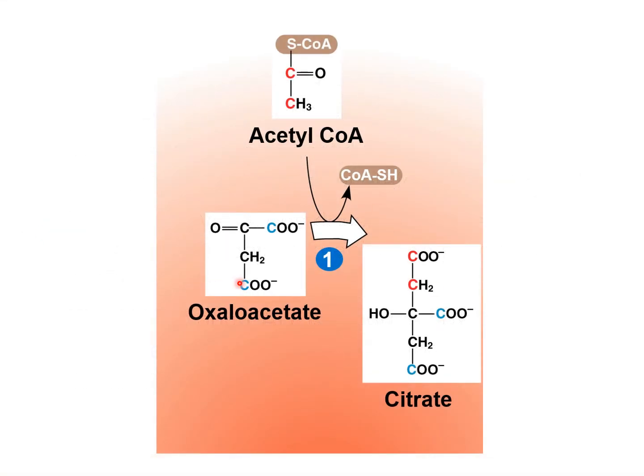So here is what you need to know, and you don't have to draw these structures out. You can see oxaloacetate here, and we add that acetyl group. That CoA gets recycled. It helps facilitate the movement of pyruvate into the cell, the matrix. You can see in red, here are those carbons, and they just tack them on right here.